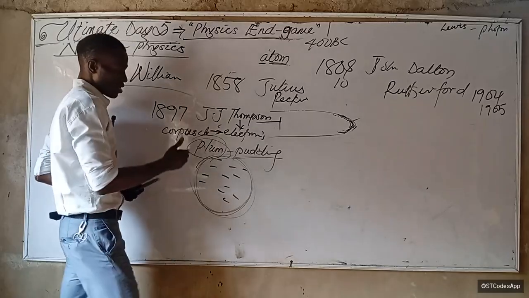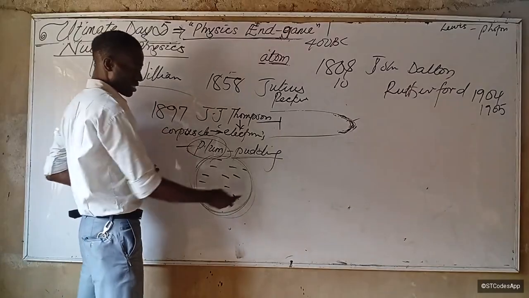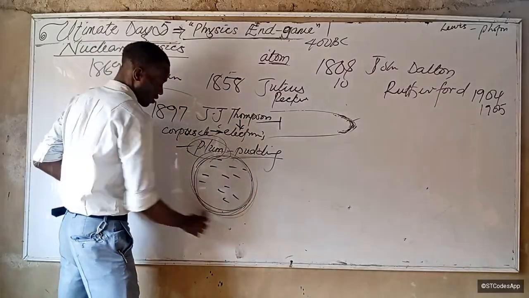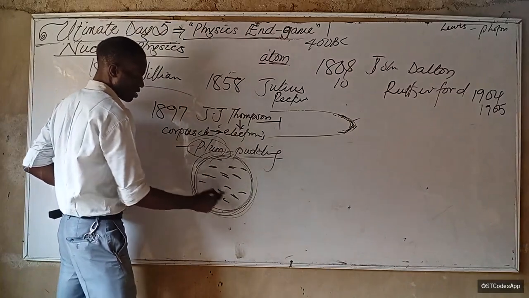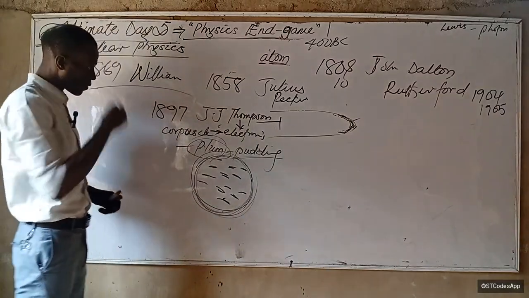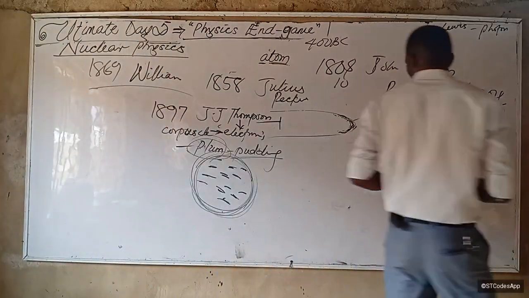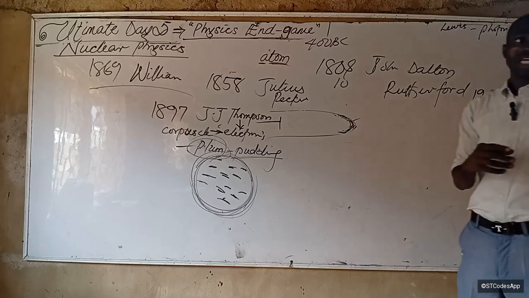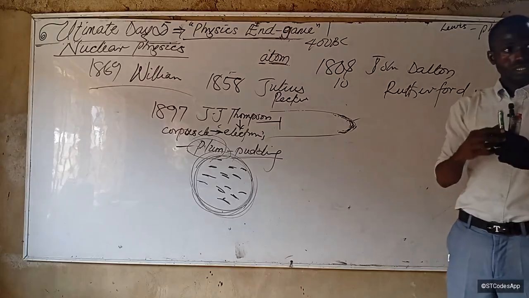Is that okay? He gave the plum pudding model of the atom, that the atom was a positive sphere consisting of what? Embedded negative charges. Yes, negative charges were embedded in it. His proposition had some things that it could not really explain, such as how electrons actually were given out.